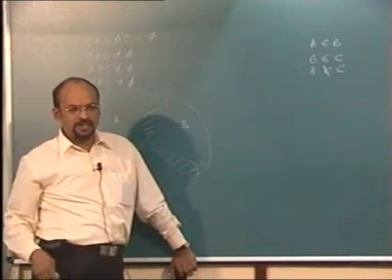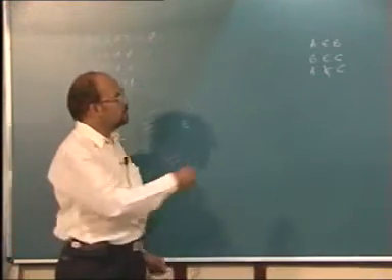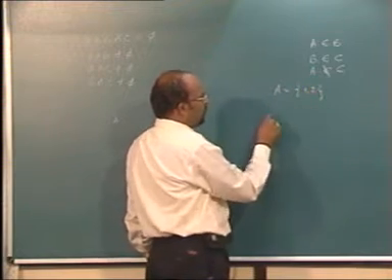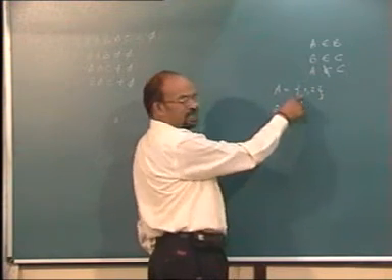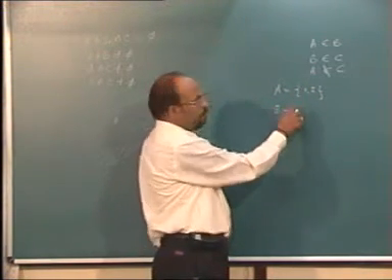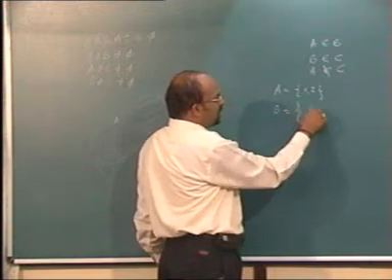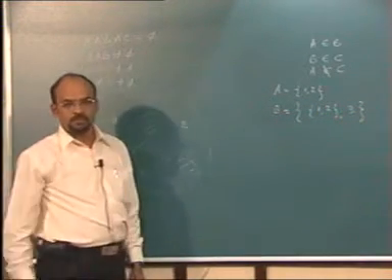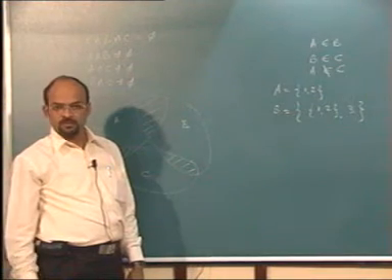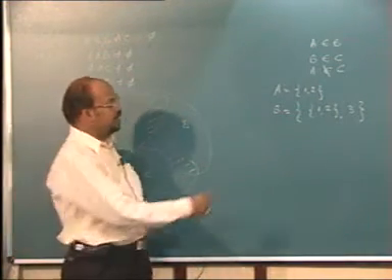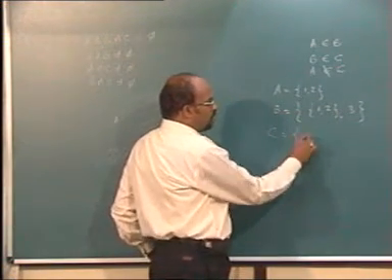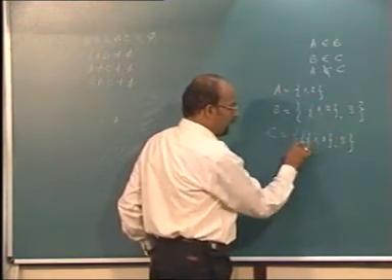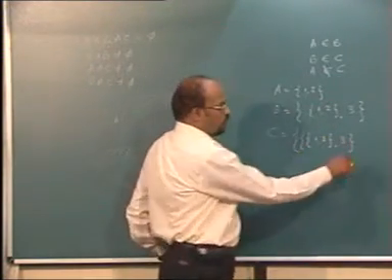We have already seen such an example. So you can start with A, which can be say 1, 2. Then when you write B, you want this as one element of it. So I can start with 1, 2 and say 3. C will have B as an element, so it will contain {1, 2, 3} as an element, comma 4.